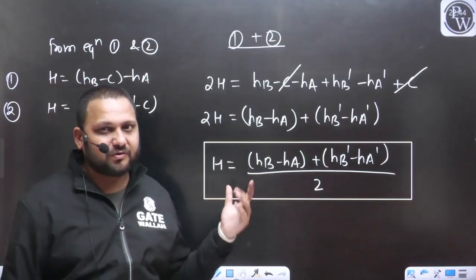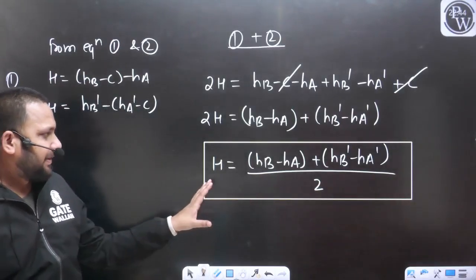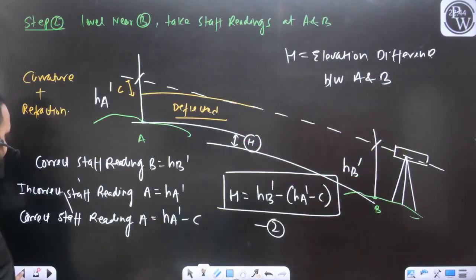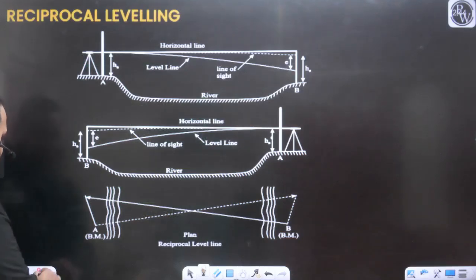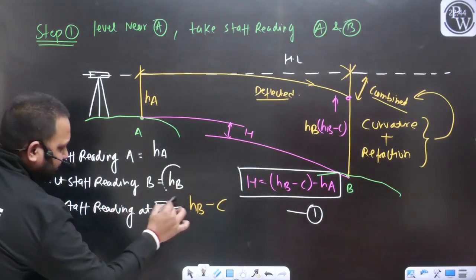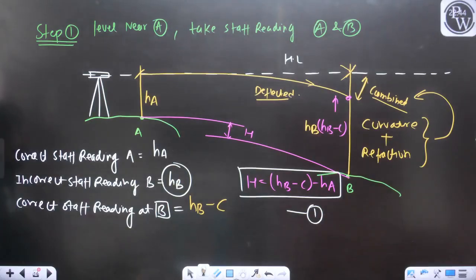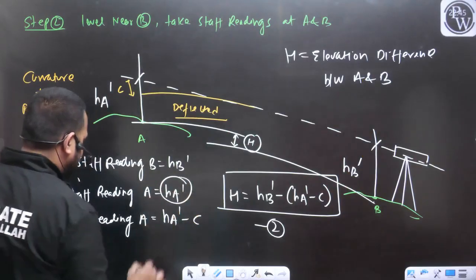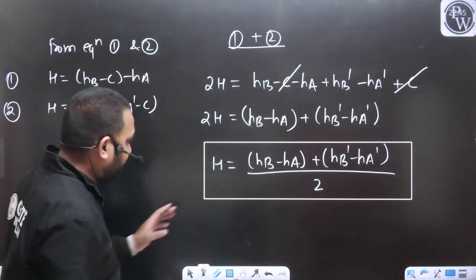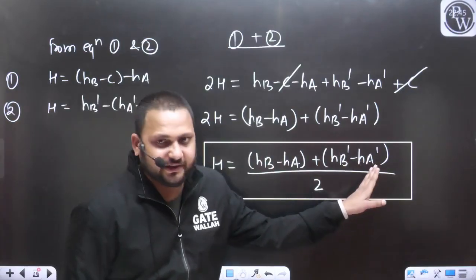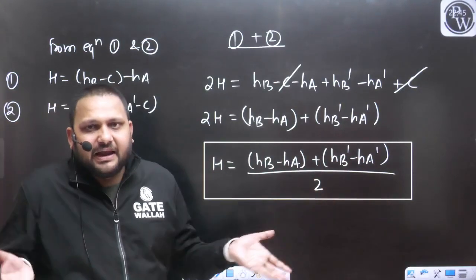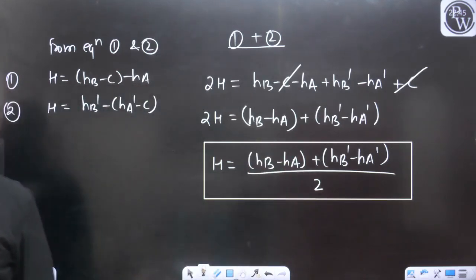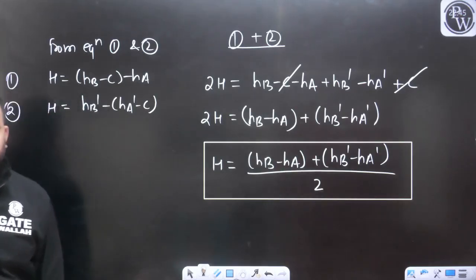Here you can see from this observation, in this expression there is no term related to the correction. From the case 1 you can see, this HB was the incorrect reading. Yes or no? From the step 2 you can see this HA dash was the incorrect reading, but here with the help of this HA, HB and HA dash, or you can say with the help of these incorrect readings itself, we can find out the correct elevation difference between the point A and B. Yes or no?